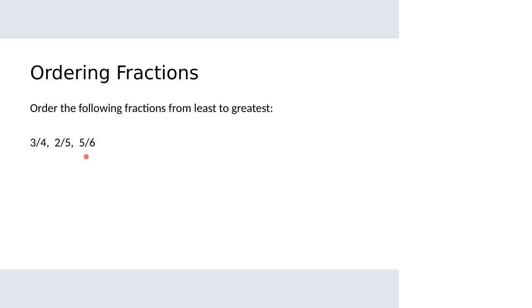So what we are going to do is get a common denominator. So I have to decide what that's going to be. I'm going to rewrite these fractions as equivalent fractions, and I want them all to have the same denominator. So what I want to try to find here is a number that 4 will go into, and 5 will go into, and 6 will go into.